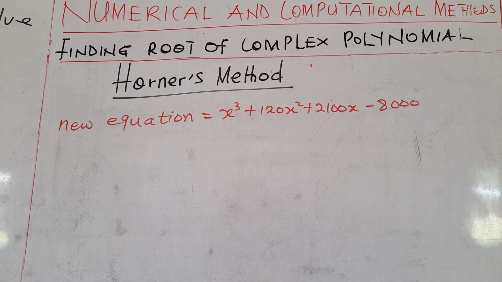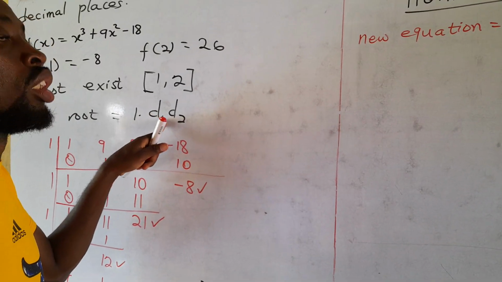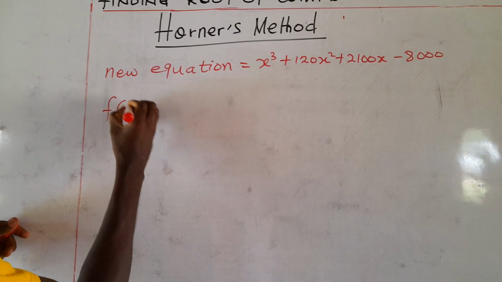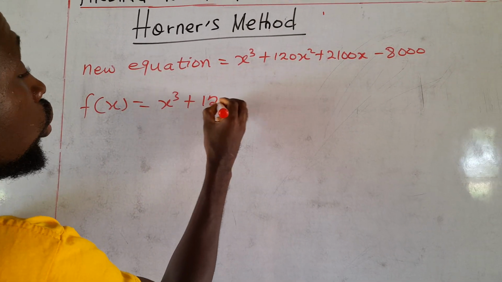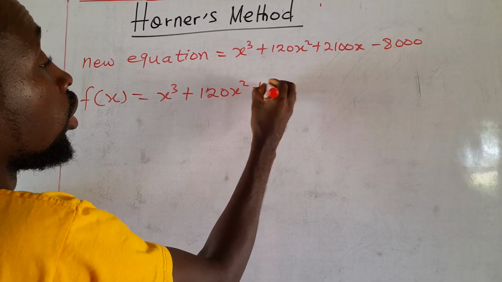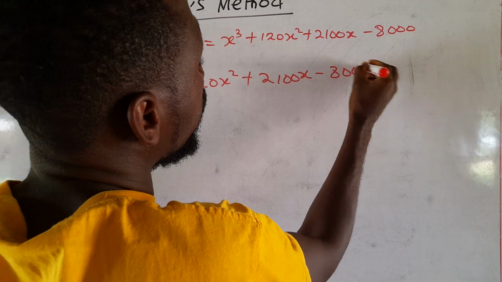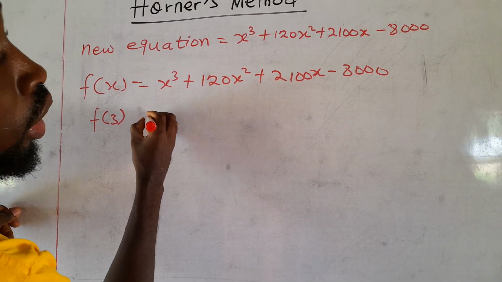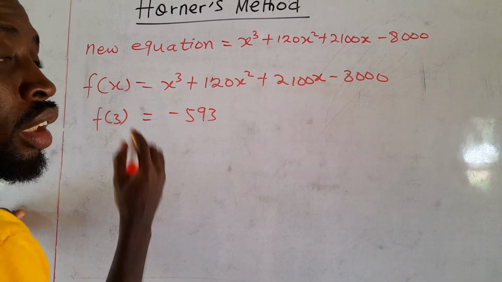So that's it. We need to find our d1. How do we get this d1? We'll get d1 from the location theory. So remember our f of x will now be x cubed plus 120x squared plus 2100x minus 8000. On finding f of 3, we'll get negative 593.